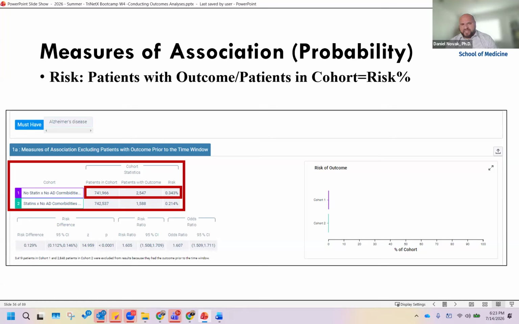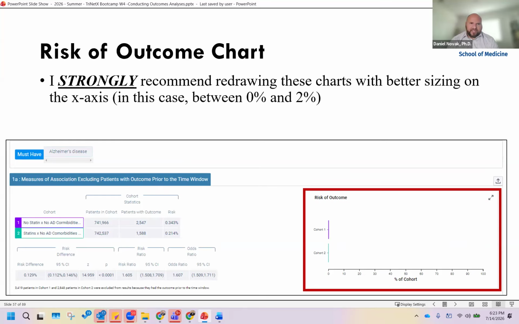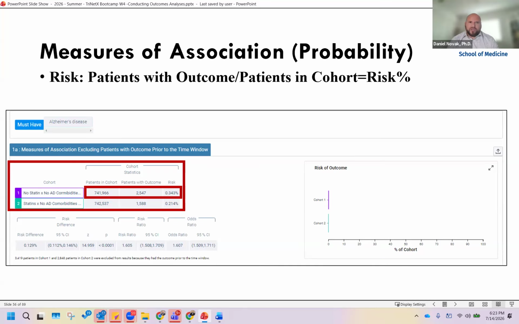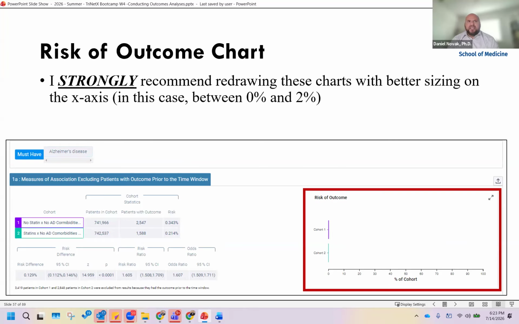So it's not that surprising that if you don't have a lot of Alzheimer's risks, you're not going to have a high rate of Alzheimer's, right? So it's fairly rare. But it's not super rocket science, right? 2,547 divided by 741,966 is roughly 0.343%. Very simple, right? So patients with outcomes divided by patients in cohort equals the risk percentage.